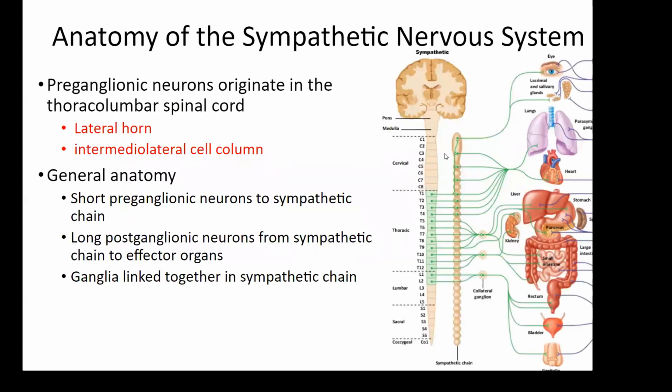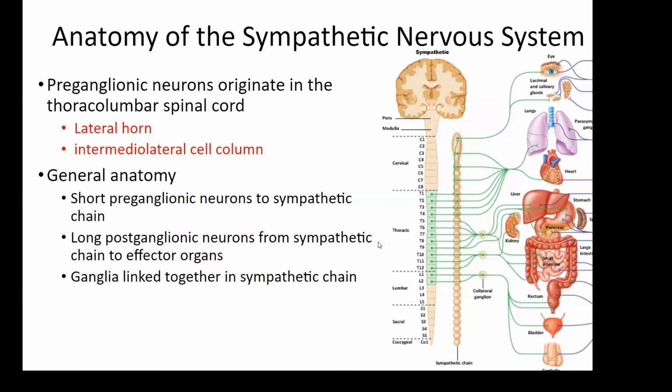This is focusing here on sympathetics. That's why we've picked the left-hand side of that big diagram. Our sympathetics originate in the thoracolumbar part of our spinal cord. So here we've got our brainstem, here we've got our spinal cord, and we can see the thoracic and lumbar sections of our spinal cord.